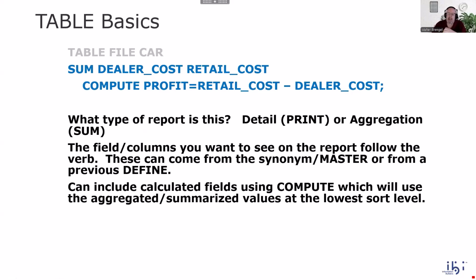If this was a PRINT, we would be doing a detail. SUM means you're aggregating. There are different synonyms for SUM. We have WRITE, I think ADD. For detail, it's basically only PRINT. We also have LIST.